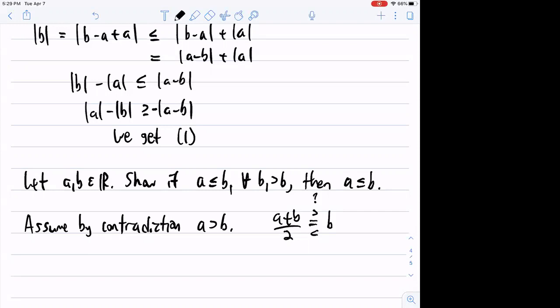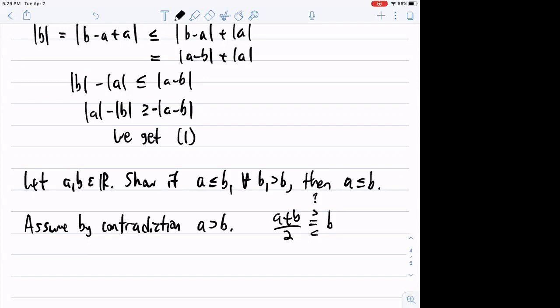So what do you all think? Here we're assuming A is bigger than B. So bigger. Yeah, it should be bigger, right?